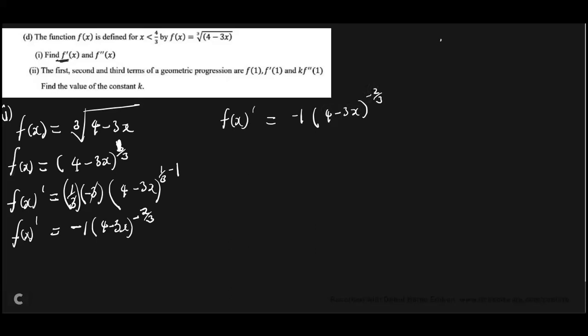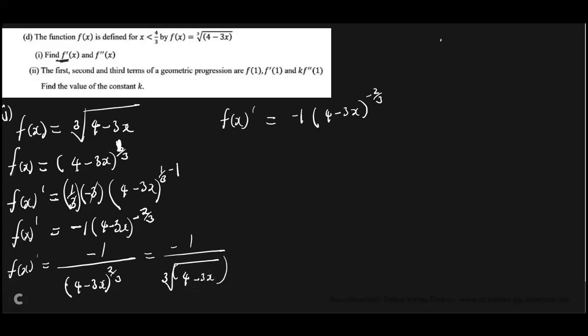Which is just the same as negative 1 over 4 minus 3x to the power 2 over 3, which is also equal to the cube root of 4 minus 3x, then you square. It's just the same, right?